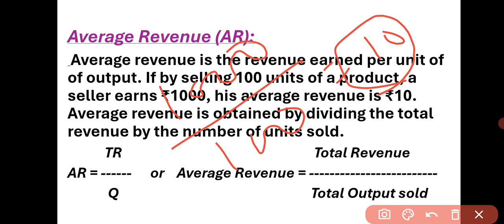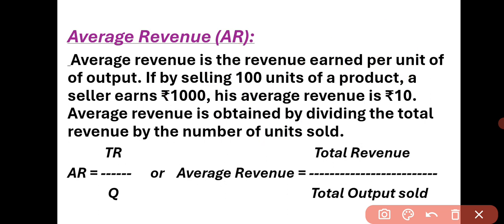So average revenue is obtained by dividing the total revenue by the number of units sold, or AR is equal to TR by Q. By dividing total revenue by the quantity sold, we can get the average revenue. So average revenue means it is a per unit revenue, revenue per unit of the output, right?